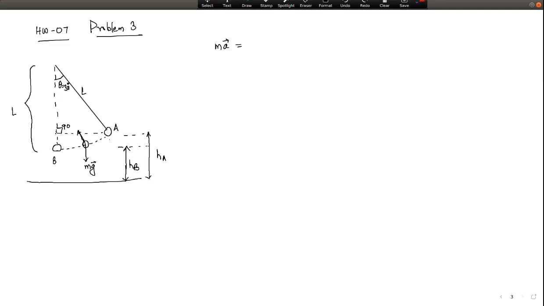So that's tension T. There is no normal force. It is not in touch with the surface. There is no force of friction, and there is no spring. So we have Ma is equal to mg plus the force of tension.